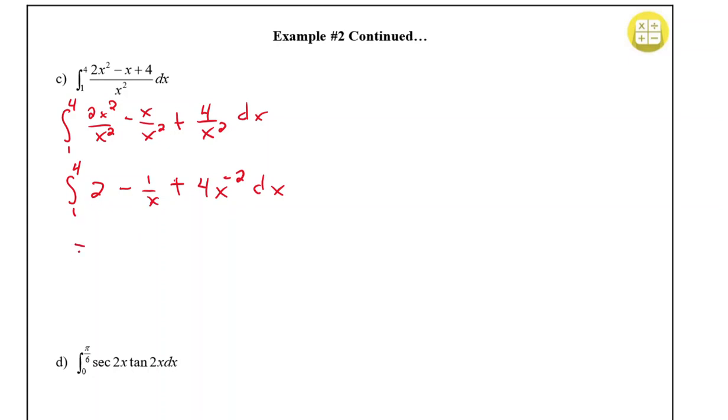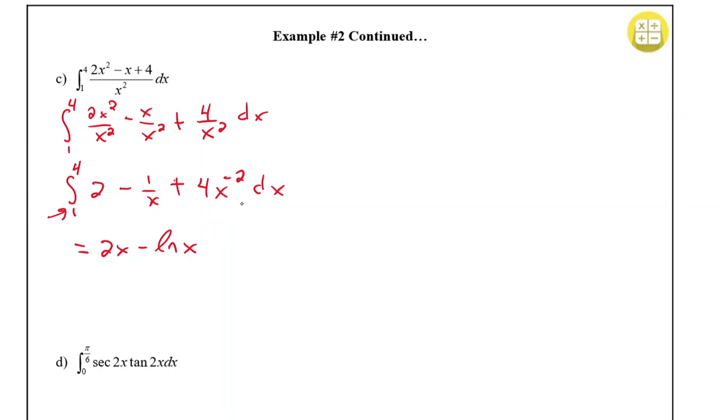So then let's go back through and take the antiderivative of each term. So this becomes 2x minus, as I said before, the natural log of x. And it's actually the natural log of the absolute value of x, but I don't really have to worry about that because I'm just putting in 1 and 4, which is definitely above 0. Okay.